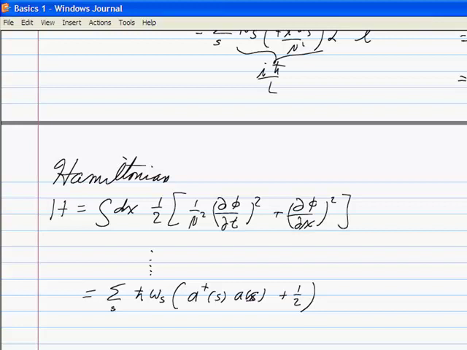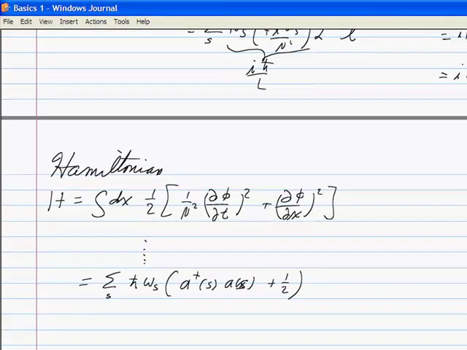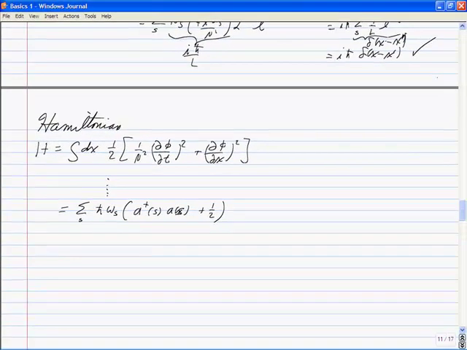Okay, so basically what we've done is we turned this into a bunch of harmonic oscillators. We'll deal with some of the details here next time. But once we have a bunch of harmonic oscillators, we know what the answer is.